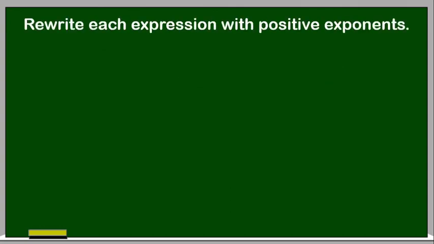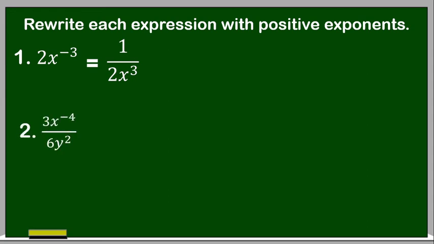Suppose we are going to rewrite each expression with positive exponent. Let's say in number 1, 2x raised to negative 3. Getting its reciprocal, you will have 1 over 2x cubed. Okay, very simple. Next, number 2, 3x raised to negative fourth power over 6y squared.